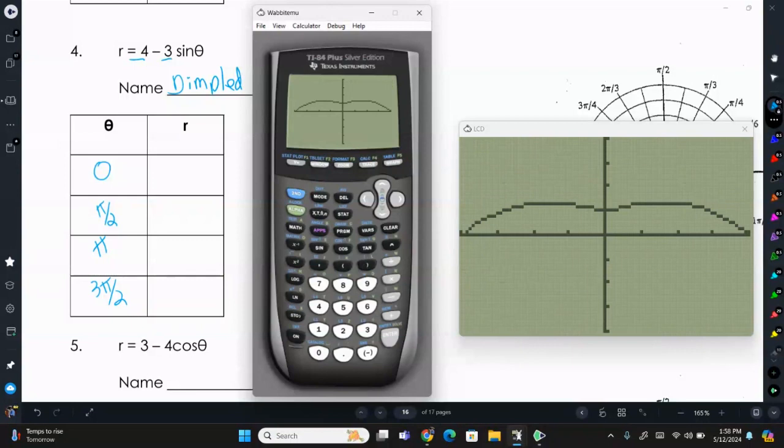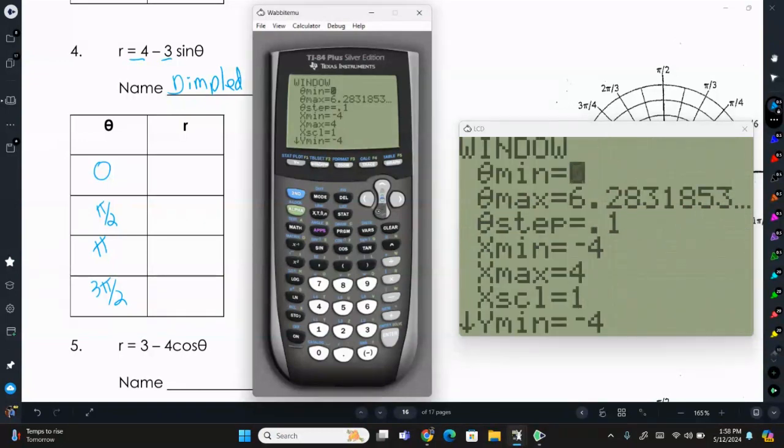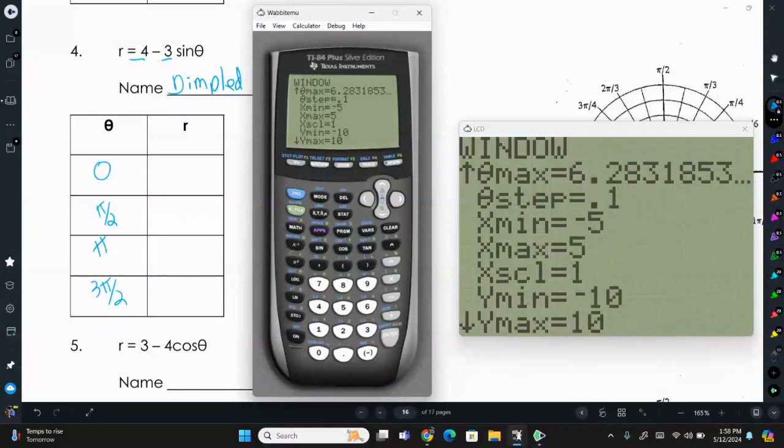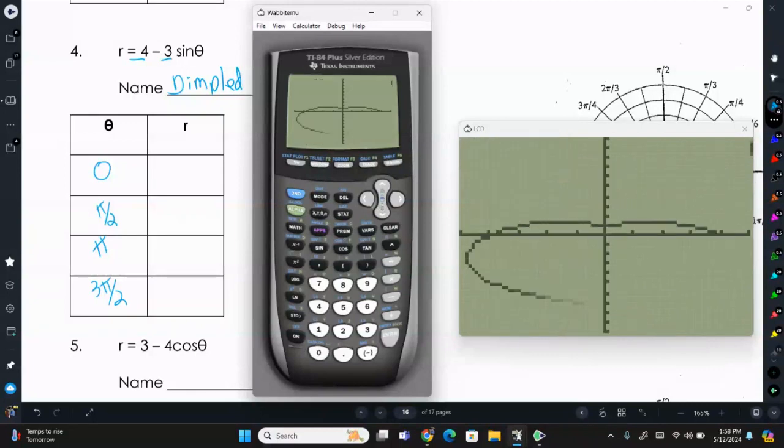It looks like we need to adjust our window because the graph is going down, but we can't see that. So I'm going to adjust to -5 and +5 and -10 and +10. Okay, so that gives us a better idea.